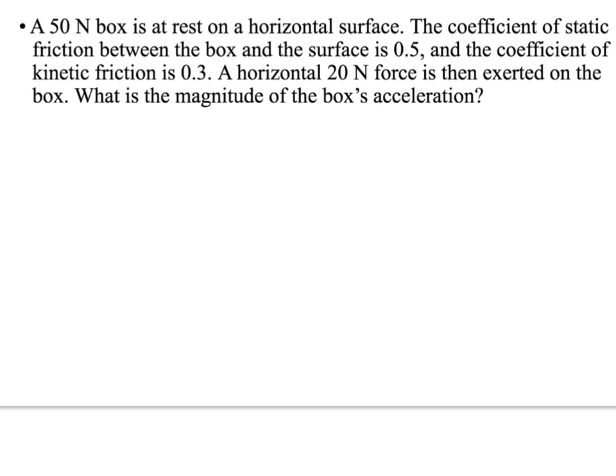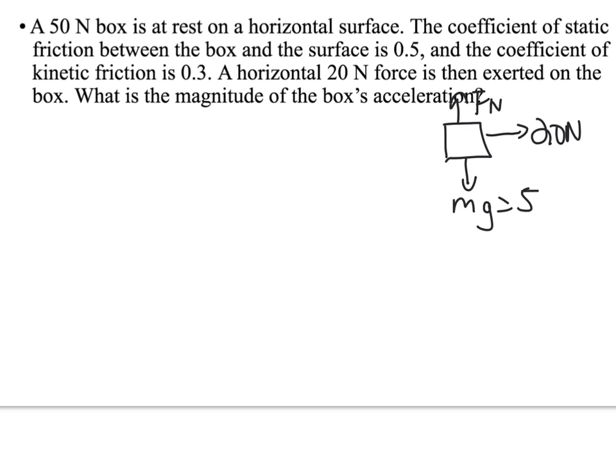First thing I'm going to do is draw a little free body diagram for myself. I've got a little box, and I've got a 20 Newton force. It didn't tell me which direction, so I'm just going to assume that it's to the right. That is 20 newtons. And I've also got two more forces: my weight, mg, and my normal force. The problem told me that the box is 50 newtons.